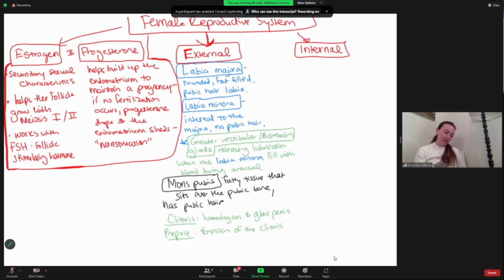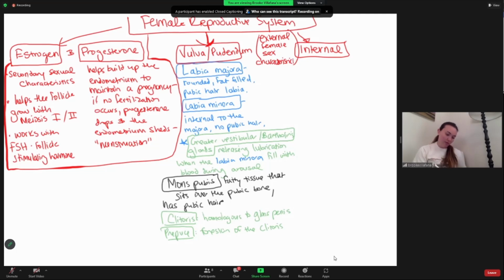So together, all of these would make up what's called the vulva or the pudendum. So externally, everything that I just wrote is called the vulva or pudendum. So the vulva or pudendum are the external female sex characteristics, everything on the external part.